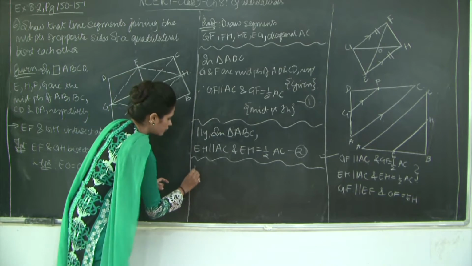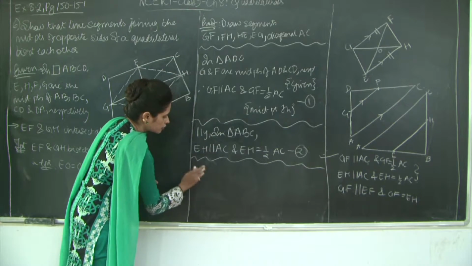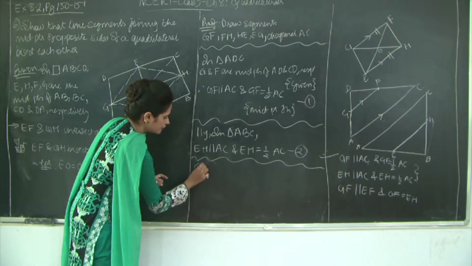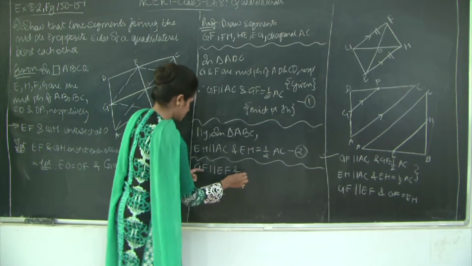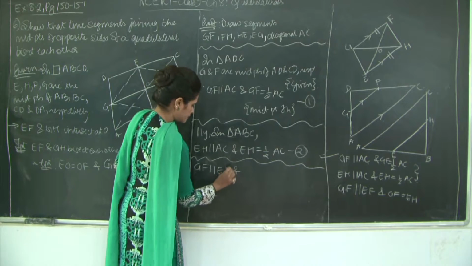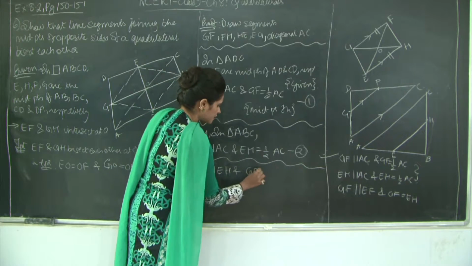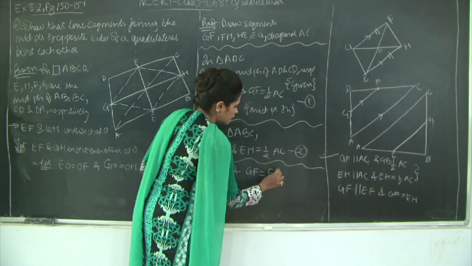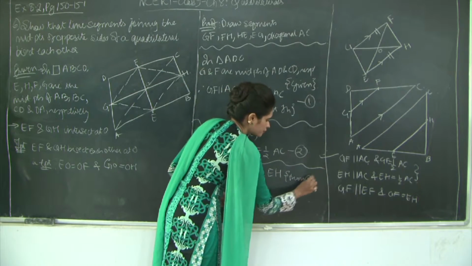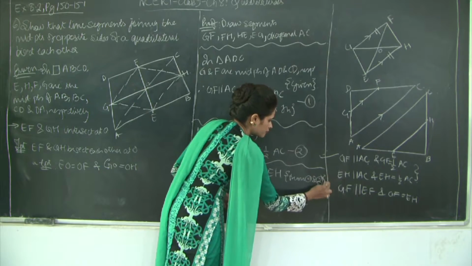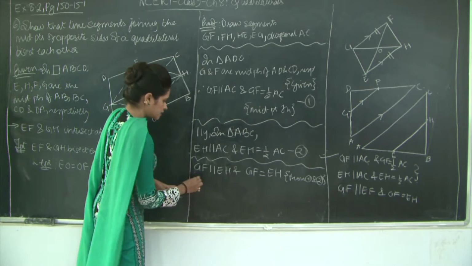Therefore, GF is parallel to EH and GF is equal to EH, from 1 and 2. Correct?